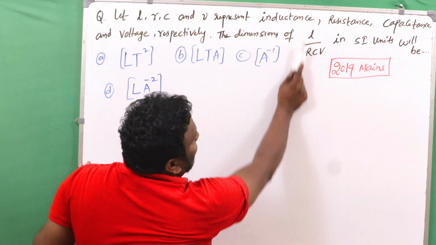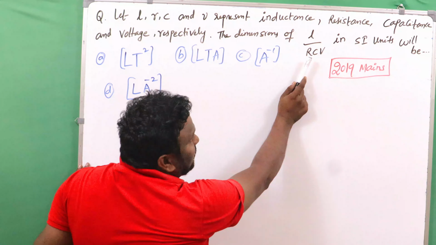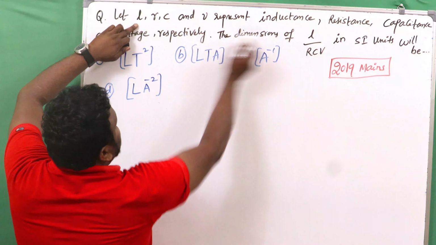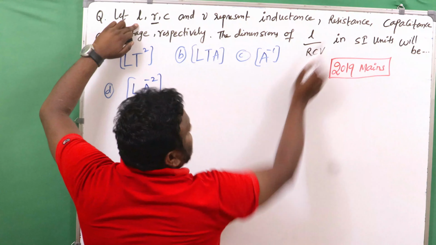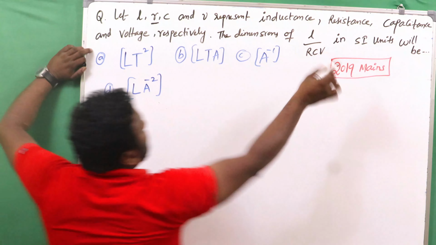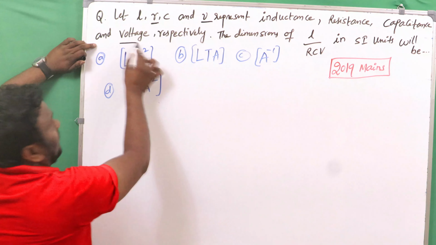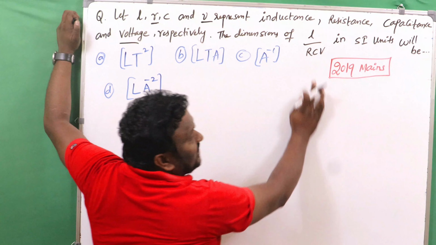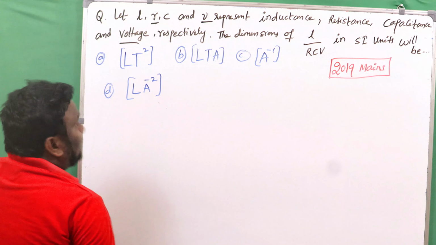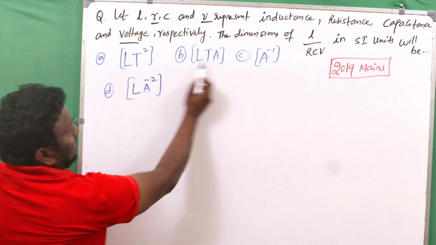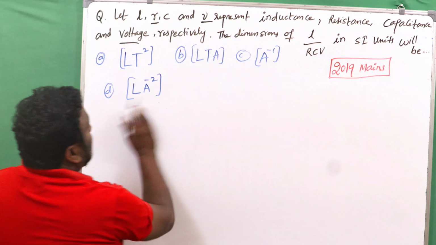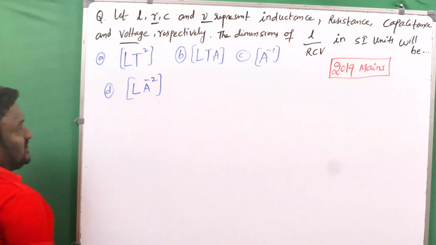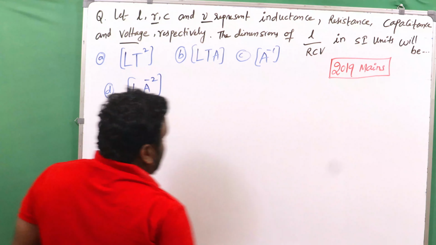The dimensions of L by RCV in SI units will be. Options are given: LT square, LTA, A inverse and L A inverse 2. These are the options. It was given in 2019 mains.